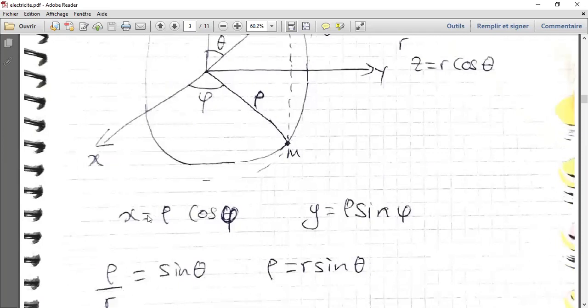And if you remember, under Cartesian coordinates, X is equal to rho cos, but instead of cos theta, we have used cos phi. Why cos phi? If you check the spherical coordinates, you see that it's the phi which makes the 360 degrees.